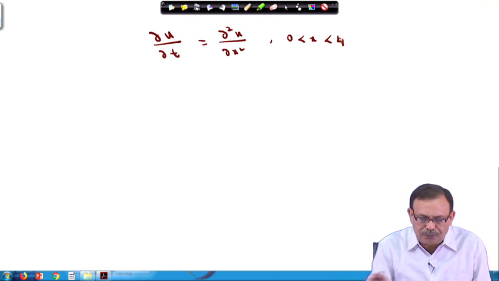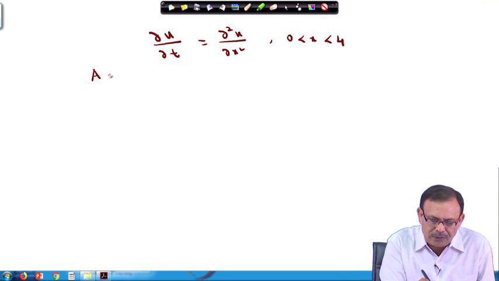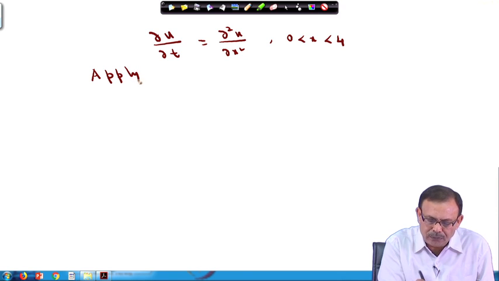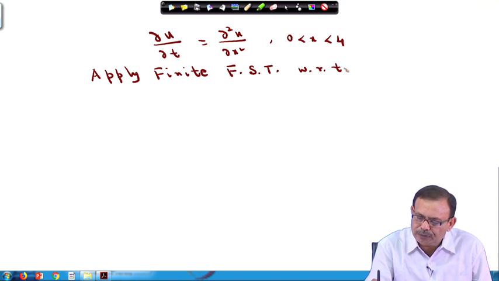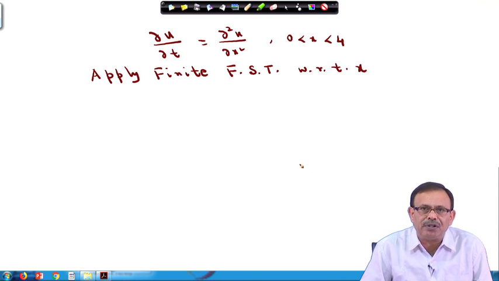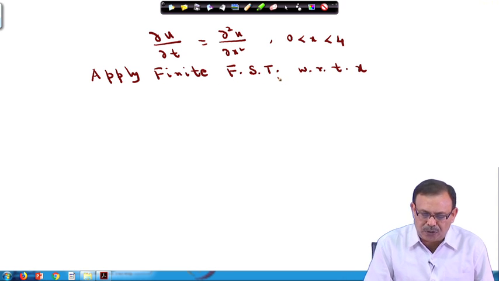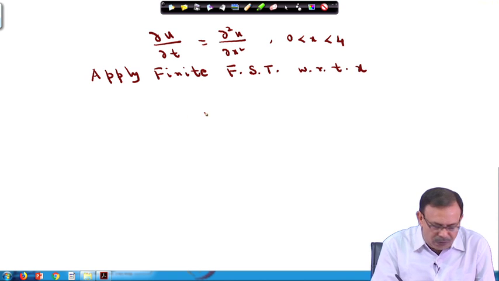So, what you will do is apply the finite Fourier sine transform with respect to x, and this was possible since the values of u(0,t) and u(l,t) are known to me. So, I am applying the finite Fourier sine transform with respect to x on both sides of the given differential equation.